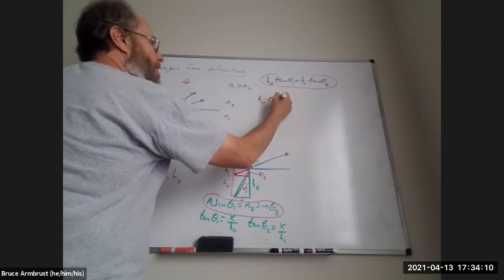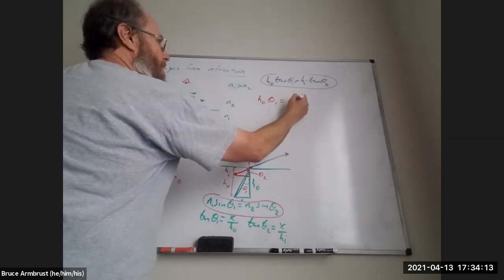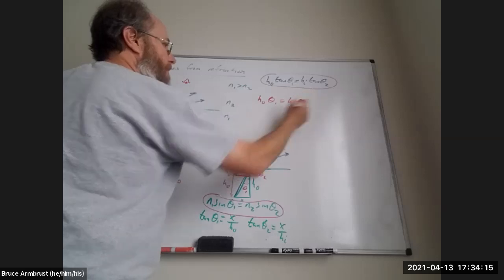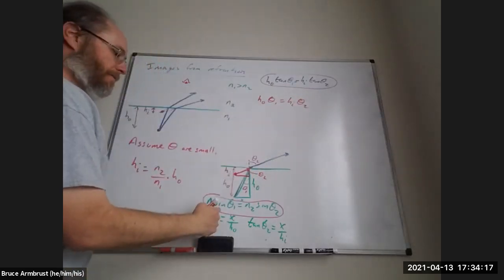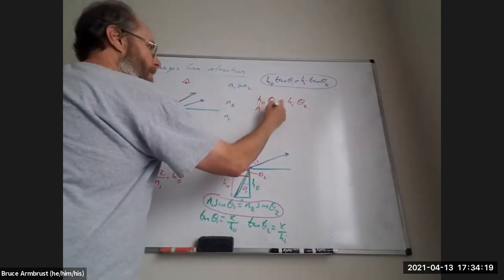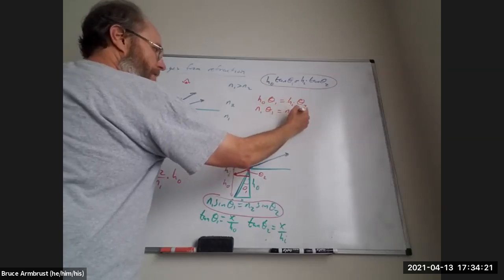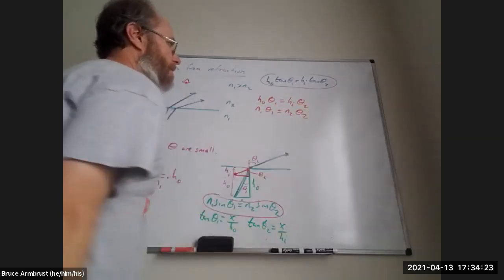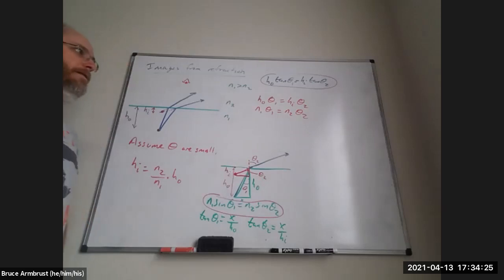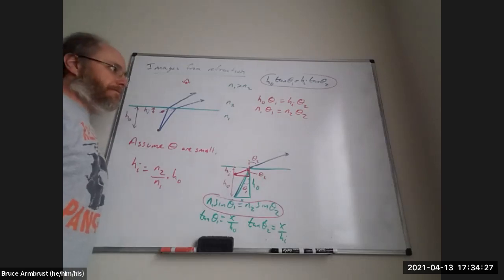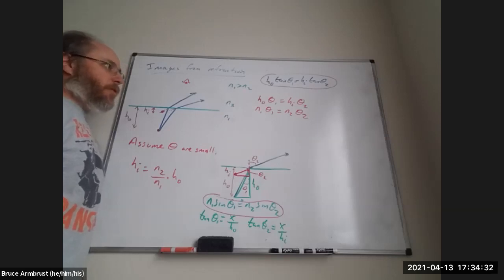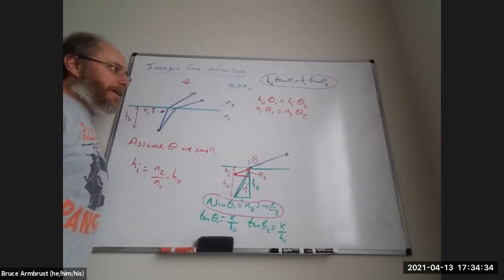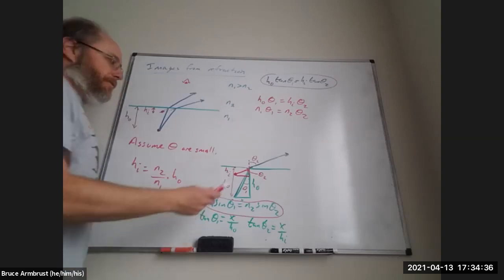HO theta 1 equals HI theta 2. This one becomes N1 theta 1 equals N2 theta 2. So we can put that together to get rid of the theta 1s and theta 2s, right?